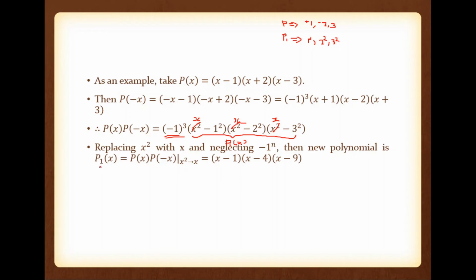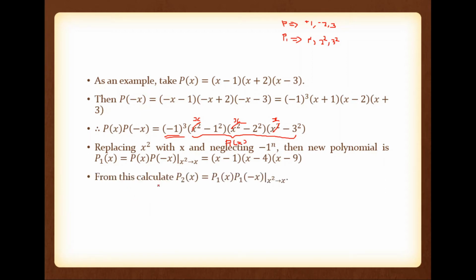From P1 we are going to find P2. Can you say how we can do that? Take P2 of x equal to P1 of x into P1 of minus x, where x square is replaced with x. So the same expression; the only difference is here we have P2, and here P1 of x and P1 of minus x.